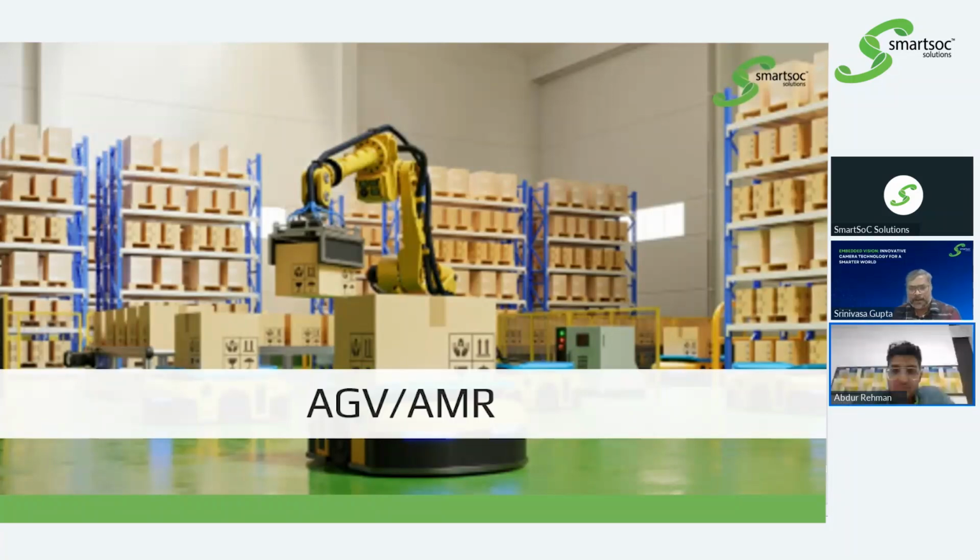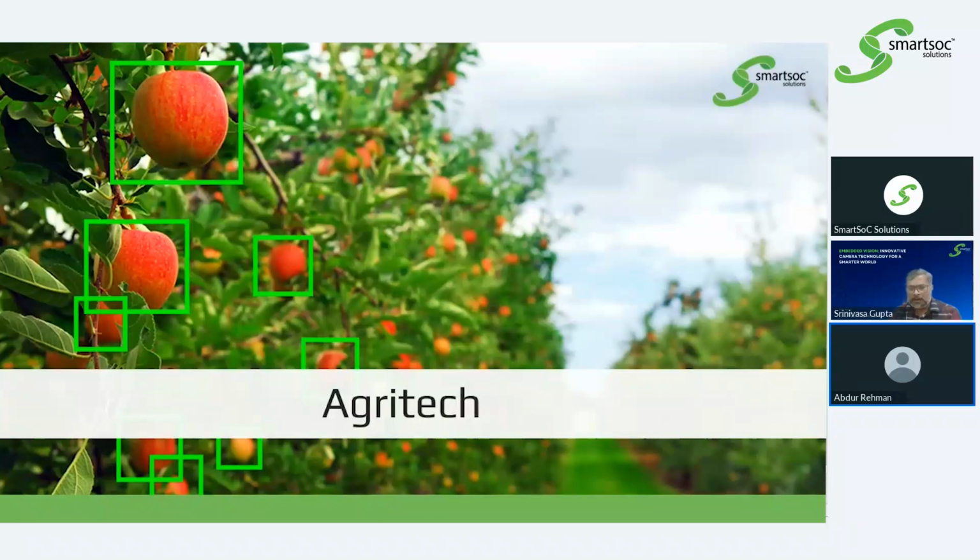Understood. So we see a lot of innovation in the agri-tech space as well. Is that primarily with respect to vehicles, or are there other innovations? It will have multiple things, like harvesting, soil testing, and health of the crop. So many applications are there where embedded vision will help. Understood.